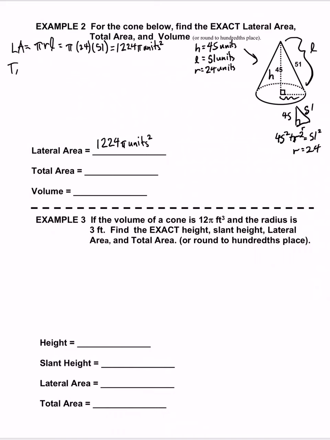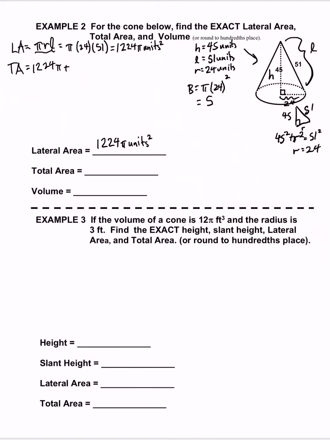TA takes the same pi RL, which we already know what that is. It's 1224 pi, and adds the base area, pi r squared. So just to the side here, my base area of pi r squared would be pi times my radius of 24 squared.